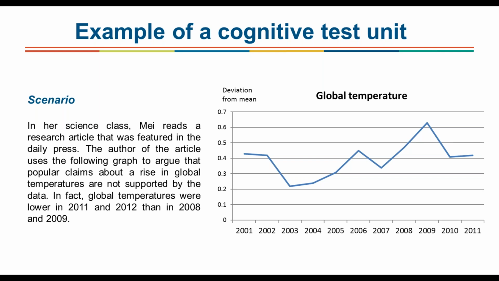In her science class, a student is reading an article featured in a local newspaper in which the author uses the graph to argue that global temperatures have actually not really increased because in the last 2 years, global temperatures were lower than those in 2008 and 2009. So this is the scenario from which the other questions will be derived.